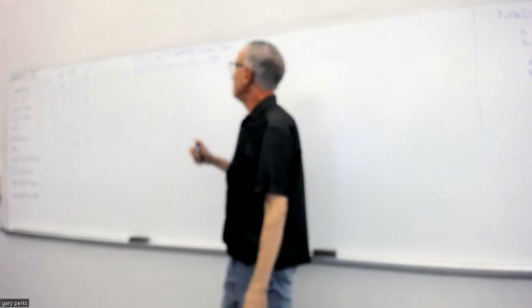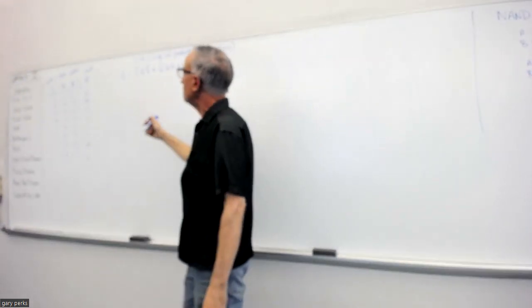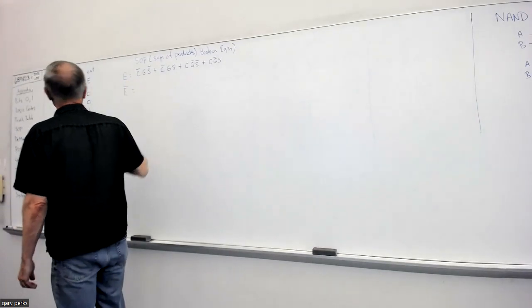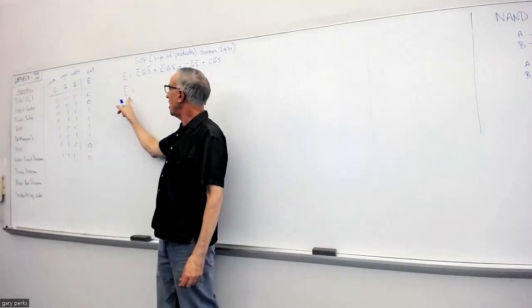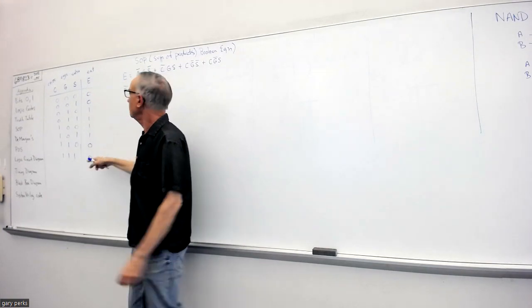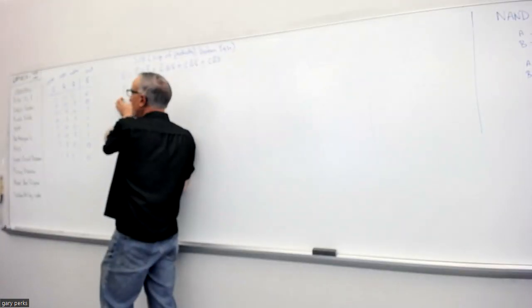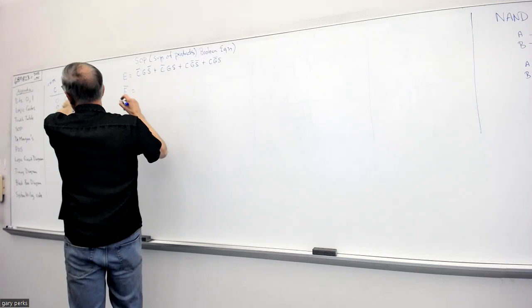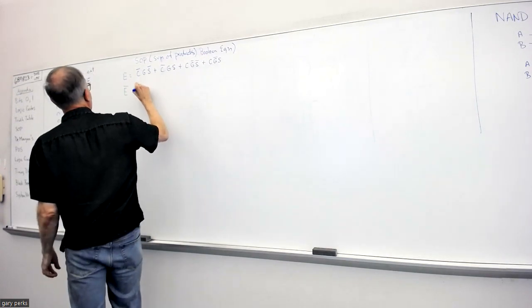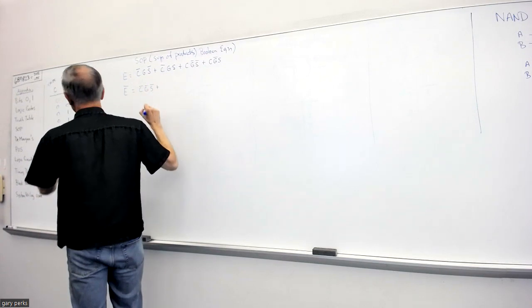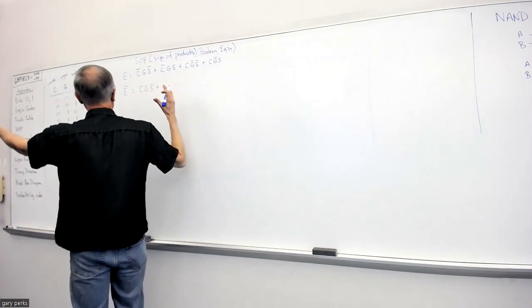We could also write an SOP equation for not E. Not E is when output E equals 0. To get an SOP for not E, I'm just looking at the rows of the truth table where the E output is 0. So we have a term not C, not G, not S, because we don't have anything to eat.